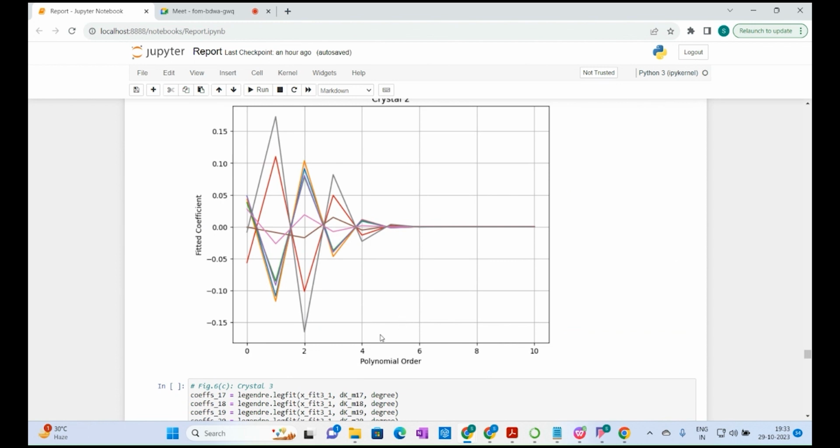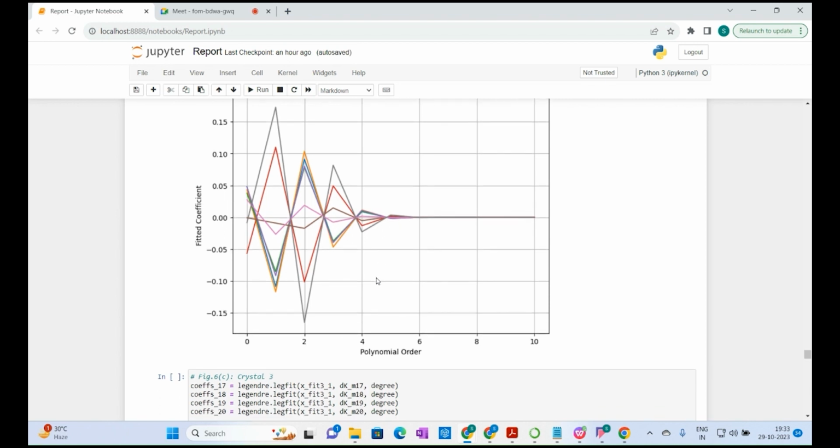Beyond order 5, it is smaller than 0.01. This supports the simulation results obtained in figure 2, explaining the exclusion of orders greater than 5, that longitudinal variations have no significant impact on the SHG process for a crystal that is either nominally phase matched or detuned from phase matching.